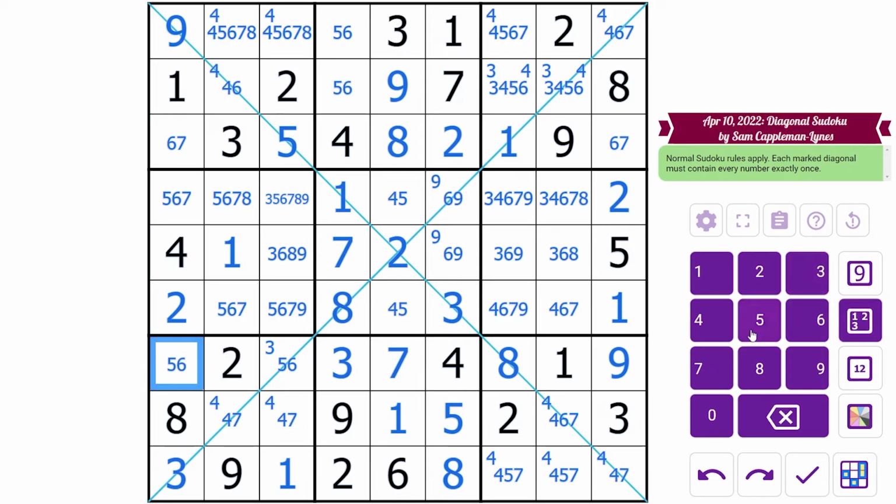Let's go ahead and remove that 3. That can't be there. And neither can this one. For multiple reasons. Alright. So 4, 6, and 7 on our diagonal. Okay.